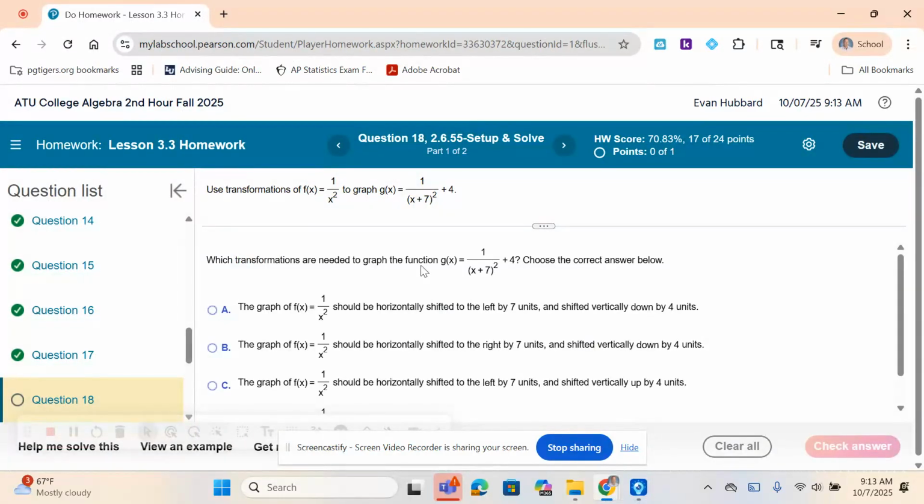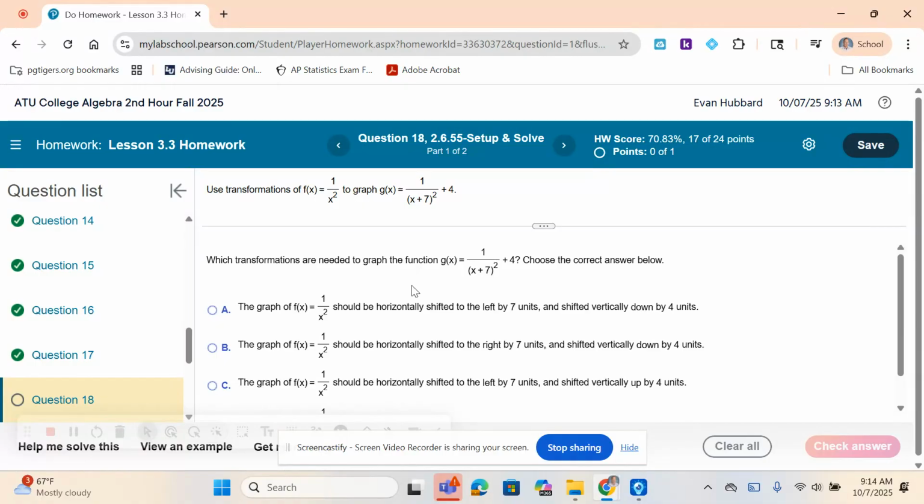All right, similar to that last one, can I fit this in here? 18. f of x is equal to 1 divided by x squared. g of x is equal to 1 divided by (x plus 7) squared plus 4. So what does this mean? Left 7, up 4.